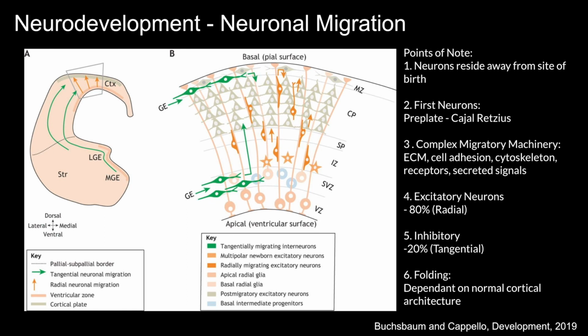So one of the hallmark features, as we'll see, of neuromigrational disorders is in fact also the lack of folding that occurs after neural migration has completed.